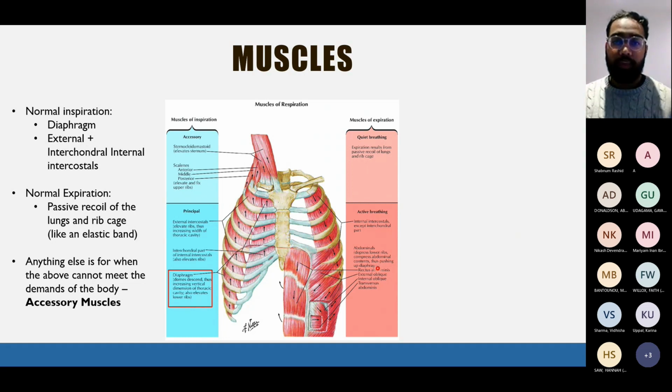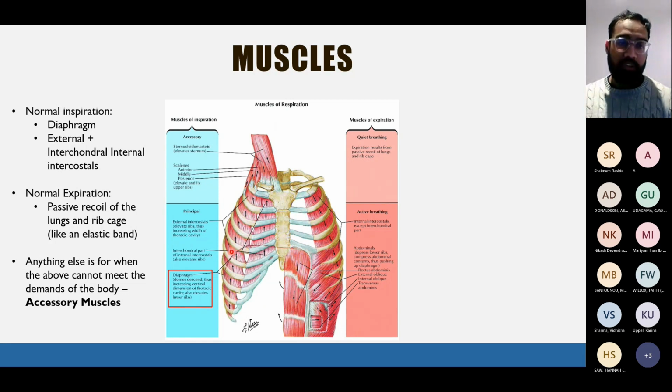Now, we can split that into muscles of inspiration and muscles of expiration. Now, principal muscles of expiration is a bit of a misleading term because if you take a deep breath in, you're using the diaphragm. Most of the power comes from the diaphragm.